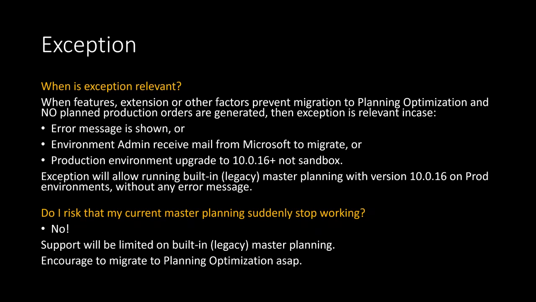Then it's relevant only in case the error message is shown, or your environment admin received a mail from Microsoft, and you plan to upgrade to 10.0.16. And the exception, once we enable that, will allow you to run the built-in master planning without having this message shown.